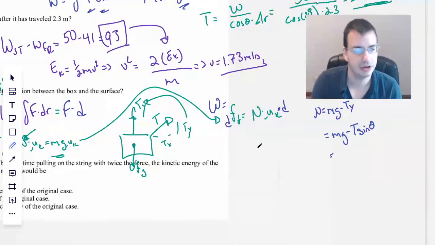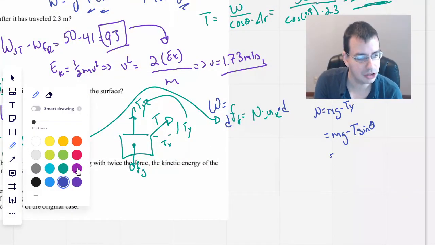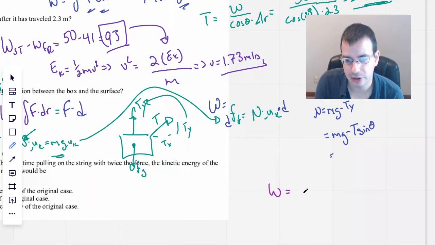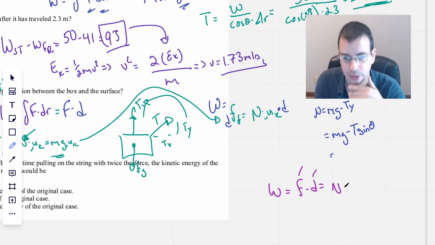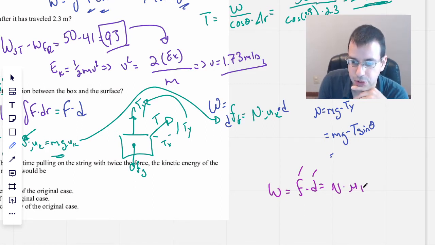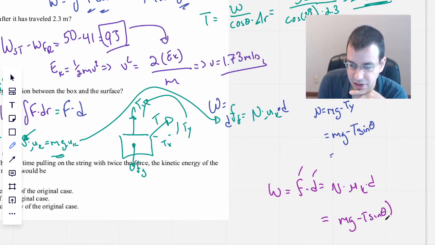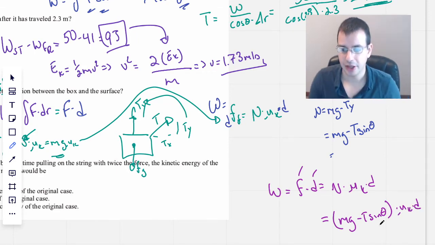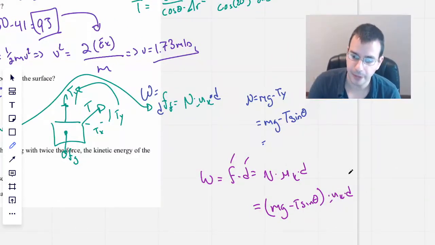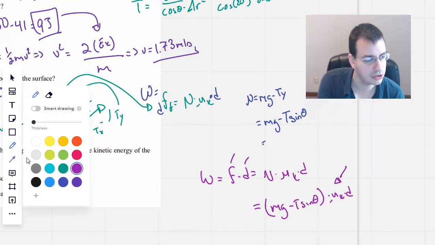Rallying the troops, we have work equals force times distance, because constant and parallel. And we have normal times mu k, which is the coefficient of friction, times distance, which in this case is mg minus T sine of theta times mu k times distance. And we know everything here except our coefficient of friction.